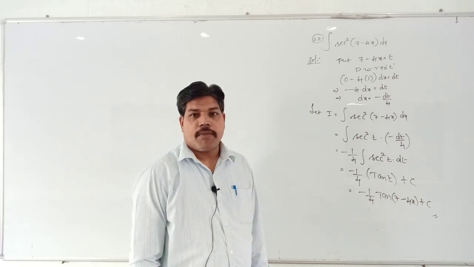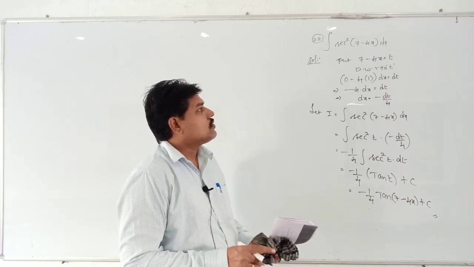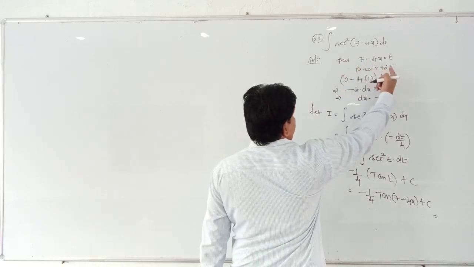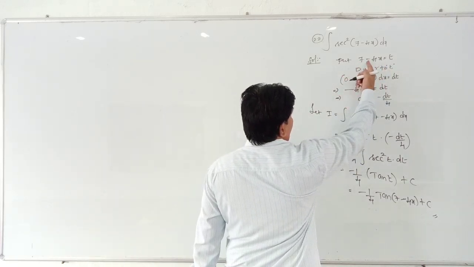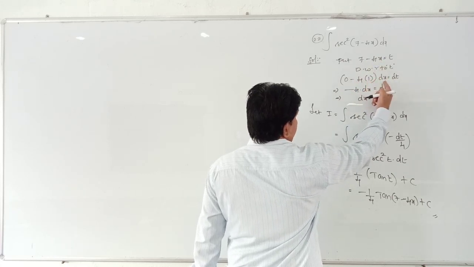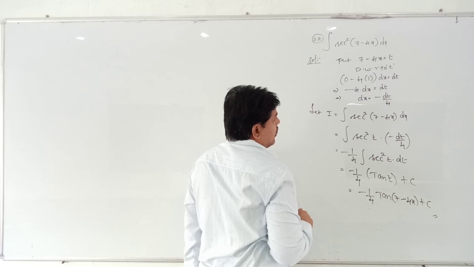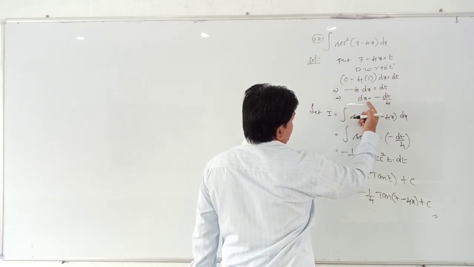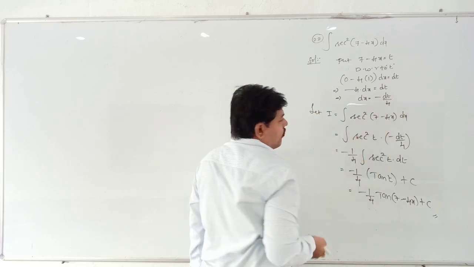See that, students, once again. Secant square 7 minus 4x into dx. So 7 minus 4x is equal to t. Differentiate with respect to t. The derivative of 7 is 0, minus 4 into the derivative of x which is 1, into dx is equal to dt. So minus 4 into dx is equal to dt. The dx value will become minus dt by 4.